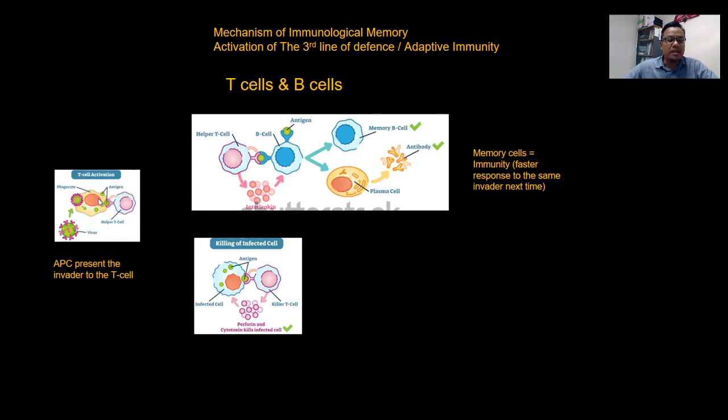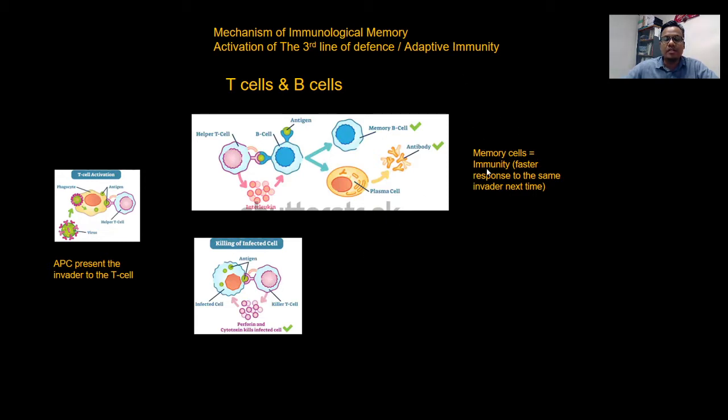Once they meet, this will activate the naive T cell, that means the inactive dormant T cell, to become an active or effector T cell. This active helper T cell will produce interleukins, a type of cytokine. These interleukins act as messengers to stimulate the B cells to produce antibody, or the killer T cells.